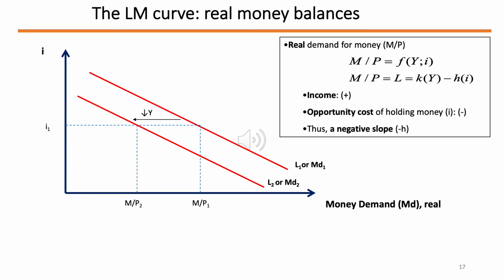So the level of disposable income, real income, is lower. Your purchasing power has decreased just because prices are higher. So in this case, even for the same level of interest rates, your demand for money, for real balances, in real terms, will be lower than before. That's why we have a shift of the demand for money line from L1, or MD1, to L2, or MD2.